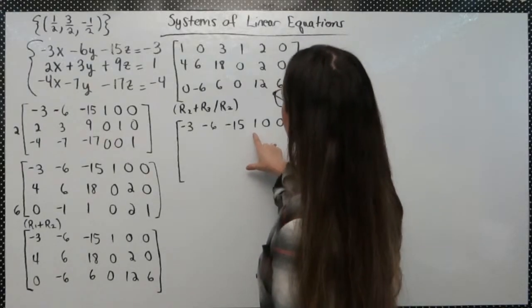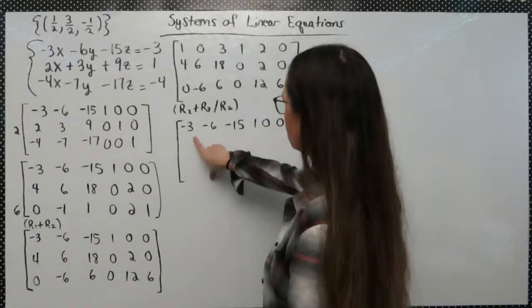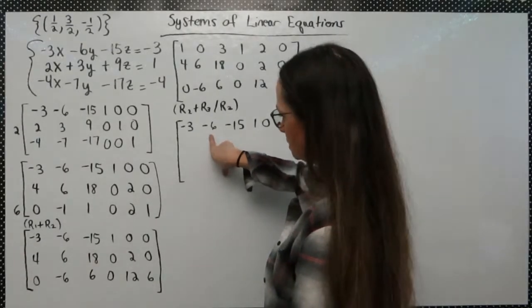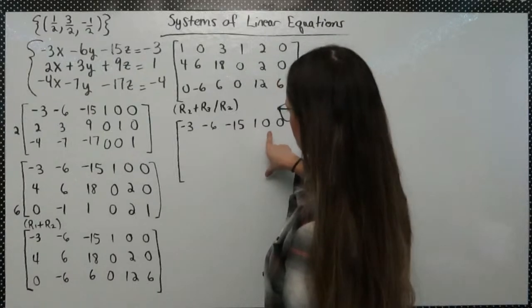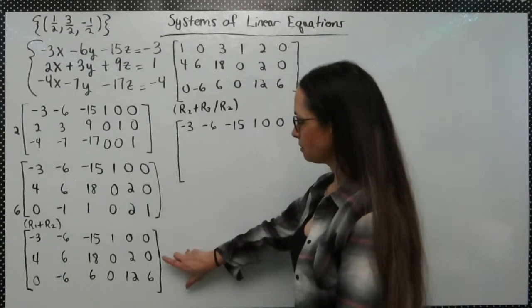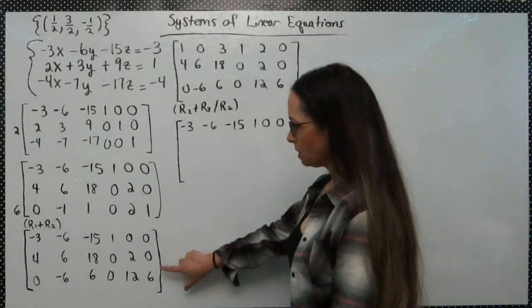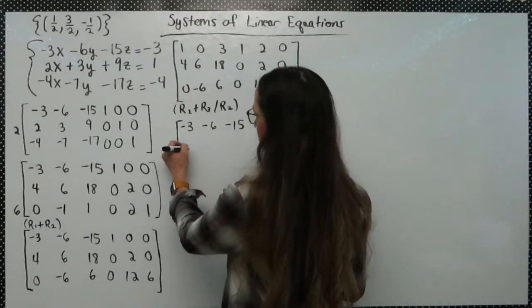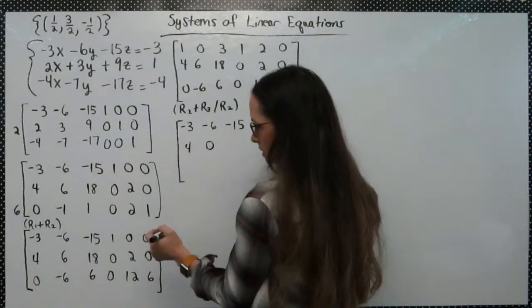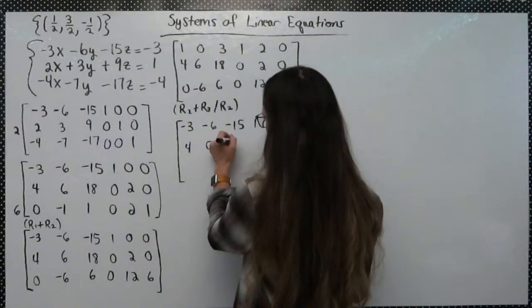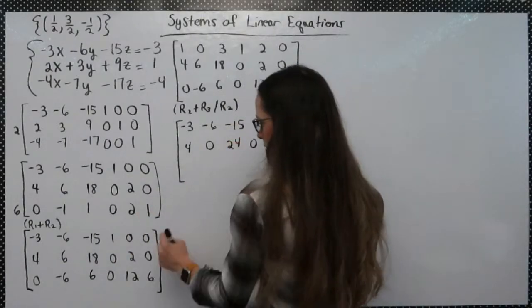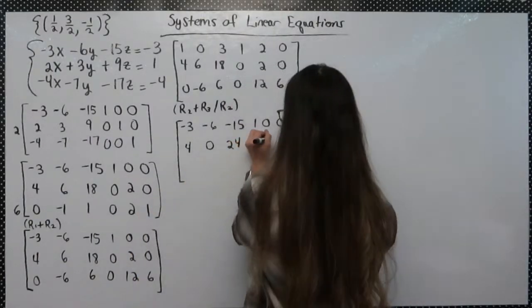So what did I do? -3, -6, -15, 1, 0, 0. We're going to add these 2 rows and we're replacing row 2. So 4 plus 0 is 4. 6 minus 6 is 0. 18 and 6 is 24. 0, 0 is 0. 2 plus 12 is 14.